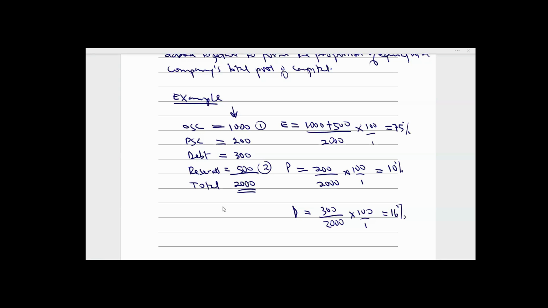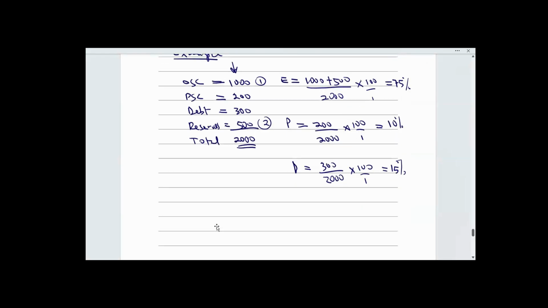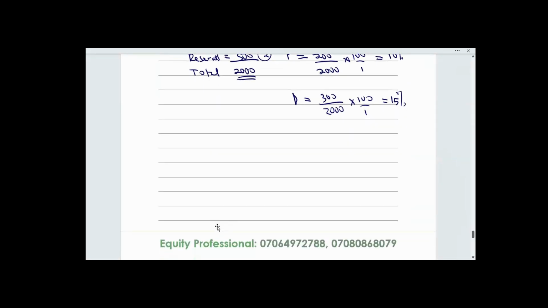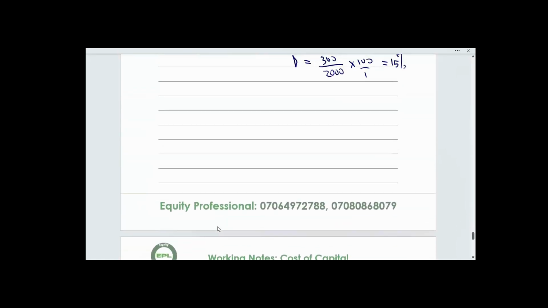Oh, sorry, this is 15%. Okay. All right. How do you then estimate WACC? Estimating weighted average cost of capital.